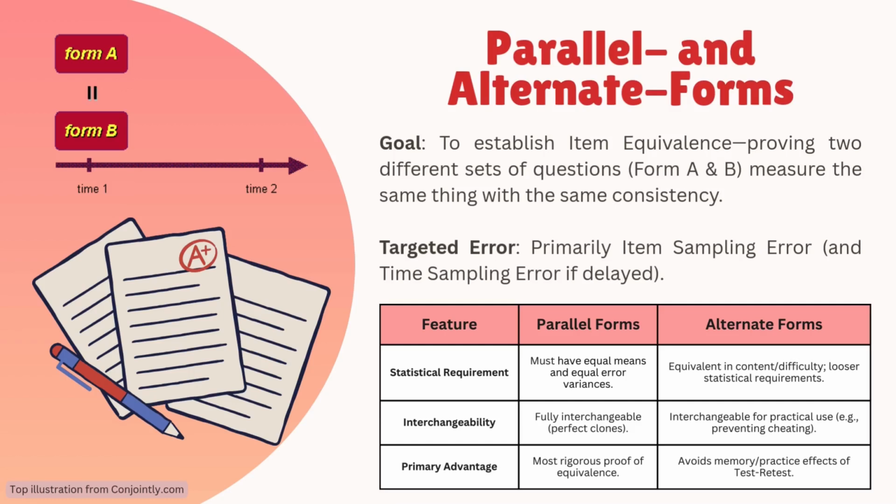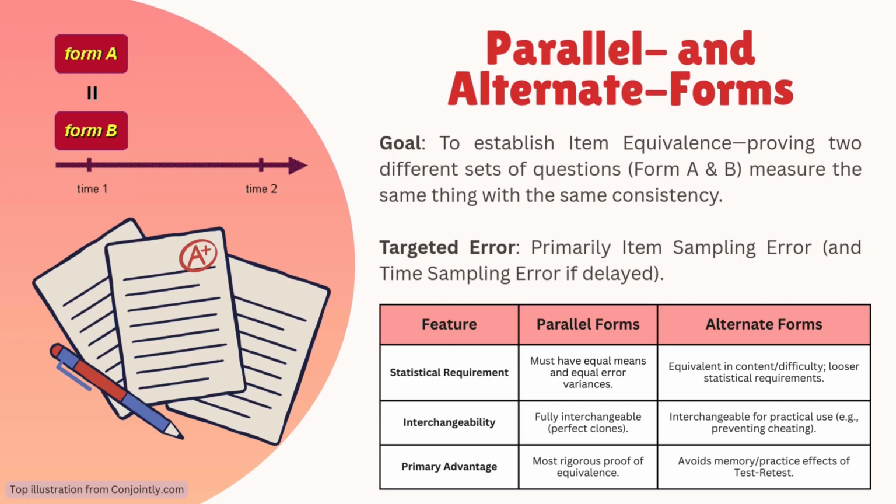However, they are not as strict as parallel forms wherein they do not need to have equal means or error variances. And so similarly as with parallel forms, the correlation between Form A and Form B provides the coefficient of equivalence, proving that the scores are consistent despite different questions chosen.